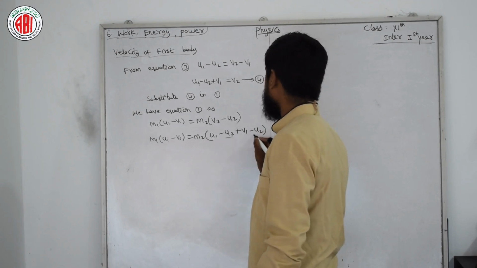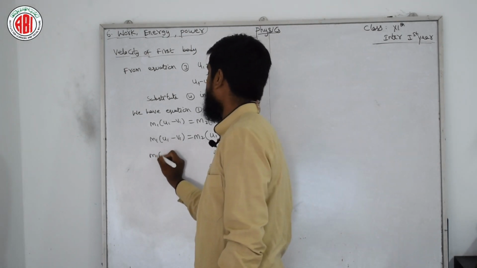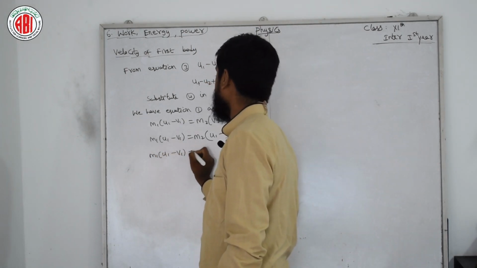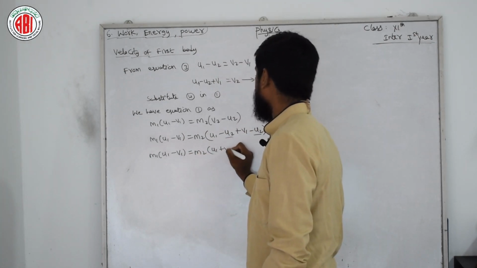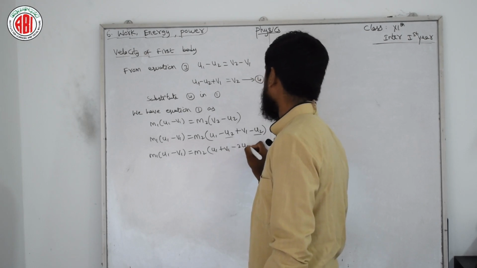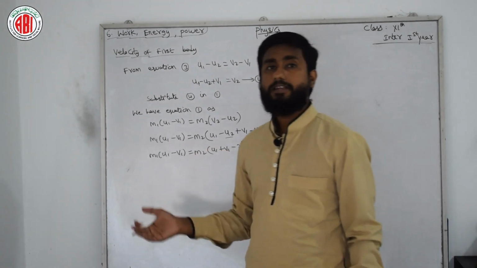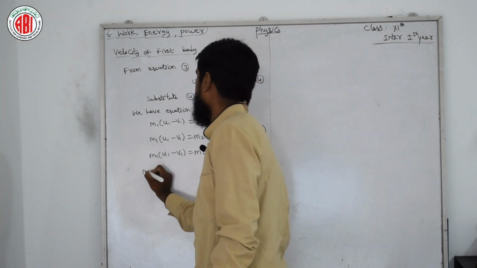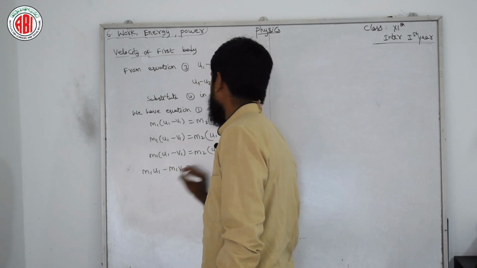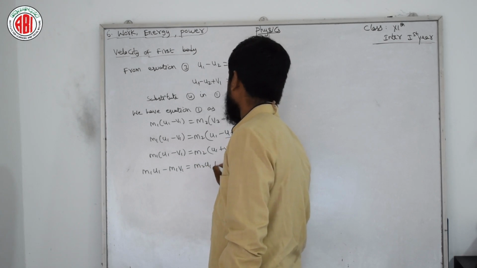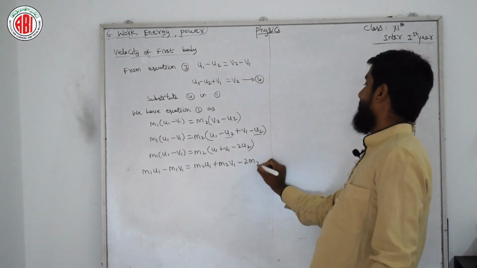Next step, minus u2 and minus u2 become minus 2u2. So m1 into u1 minus v1 is equal to m2 into u1 plus v1 minus 2u2. Now I open the complete bracket: m1 u1 minus m1 v1 is equal to m2 u1 plus m2 v1 minus 2m2 u2.